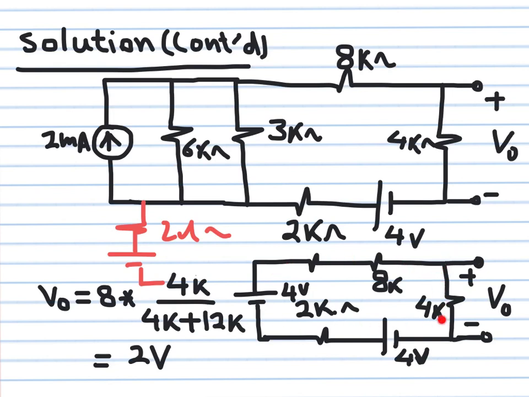Notice I did not touch the 4 kilo ohm because I'm looking for the voltage across the 4 kilo ohm. I converted a voltage source to a current source, and then a current source to a voltage source, and then I opened up this wonderful loop here, just one loop. The solution is obtained in just one line and it's equal to 2 volts. So source transformation can be very useful in obtaining our solution.